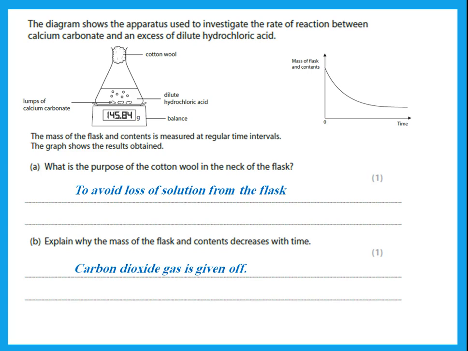The mass of a reaction mixture does not change unless something is going out of the reaction. So if the calcium carbonate and hydrochloric acid are reacting and form things that remain in solution, then the mass should not change. But the fact that there's a gas and the gas is given off, then the mass decreases.